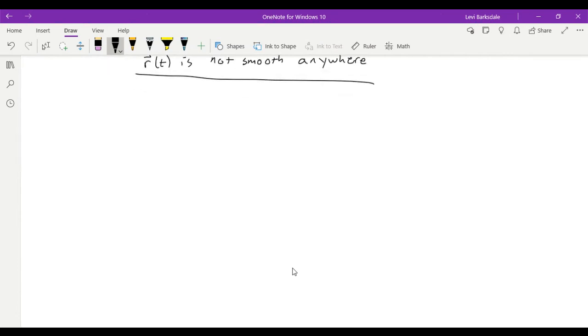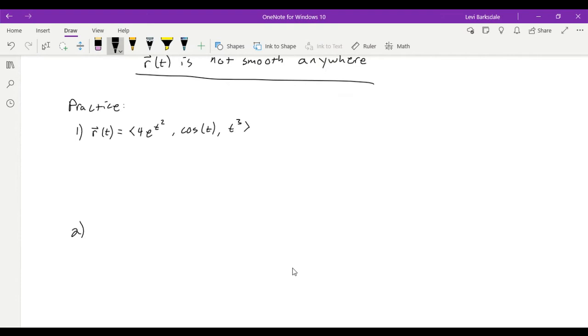All right. How about a couple practice problems? Let's say you have, first off, see where this function is smooth: e to the 4t squared, cosine of t, and t cubed.